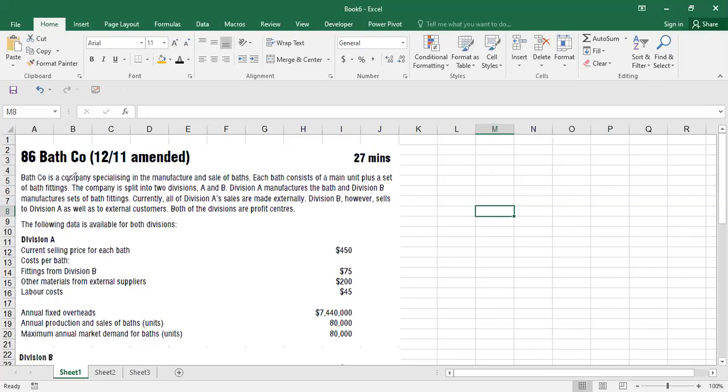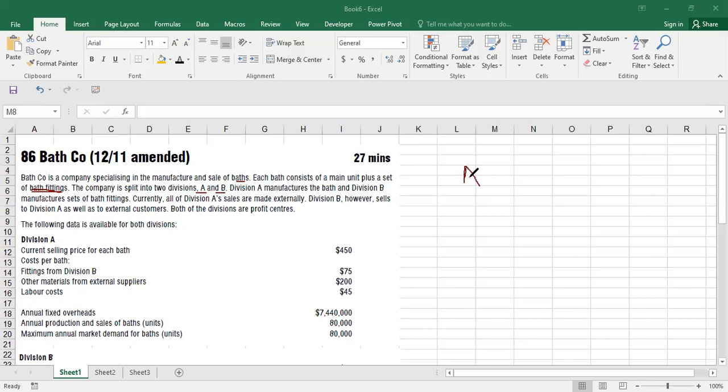It says that Bath is a company specializing in the manufacture and sale of baths. Each bath consists of a main unit plus a set of bath fittings. The company is split into two divisions, A and B. Division A manufactures the bath and Division B manufactures the set of bath fittings.